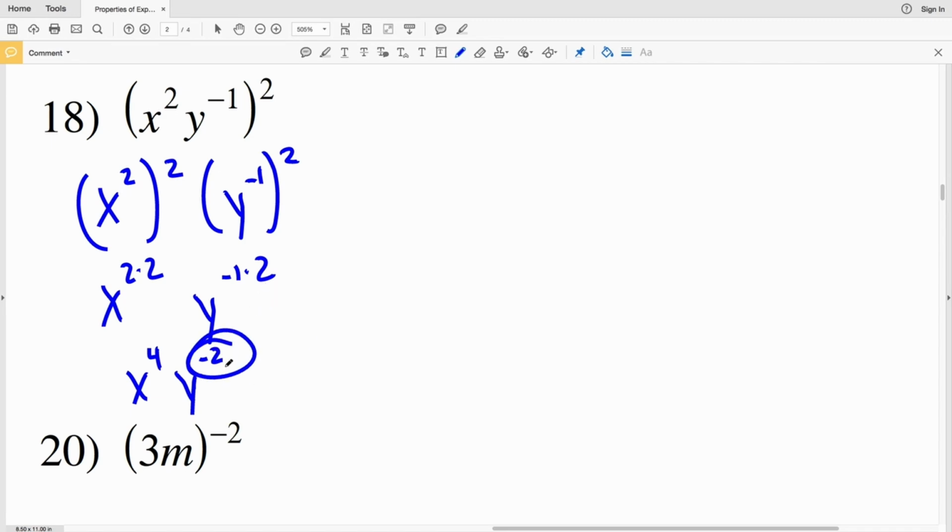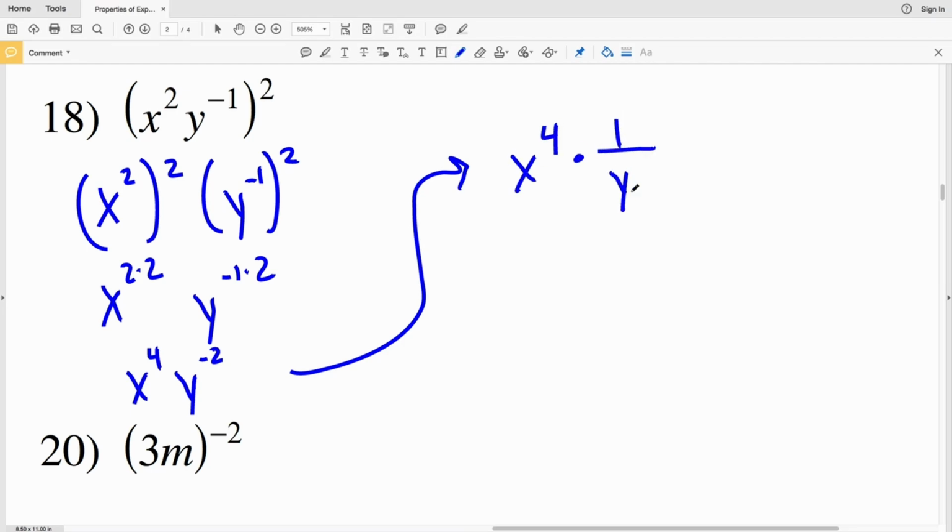However, we cannot have negative exponents, so we need to rewrite the term y to the negative 2. So continuing my work, this will be x to the 4th times 1 over y to the positive 2. So that's x to the 4th all over y squared.